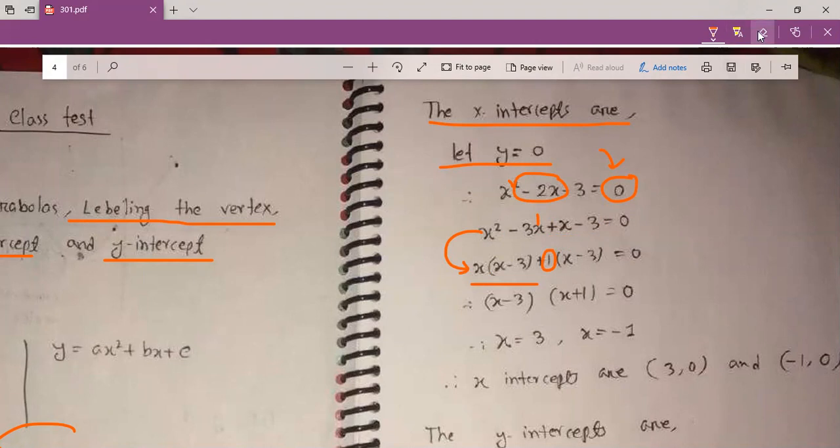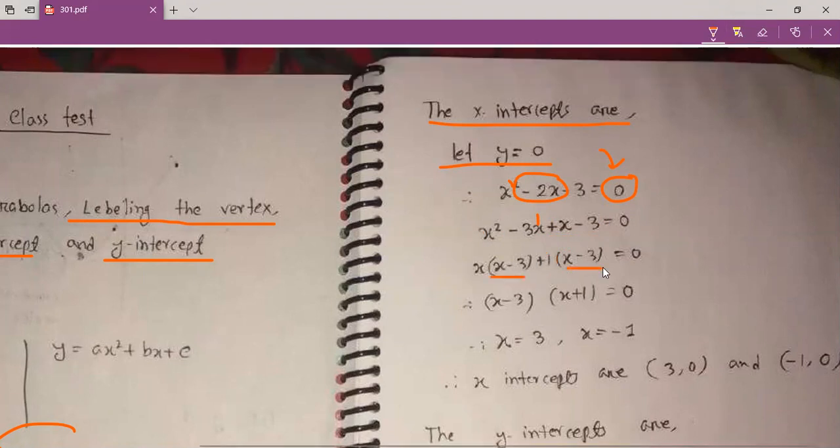And you can see here, we have the same thing, x minus 3, x minus 3. So we can take it common, okay? And this x and this plus 1, we can write separately, okay? So we find x minus 3 into x minus 1. This will be equal to 0, okay?